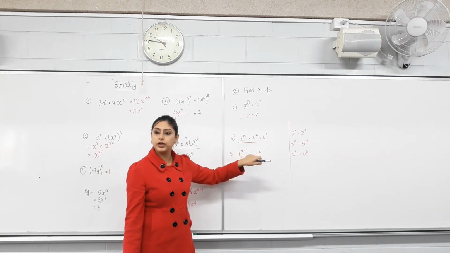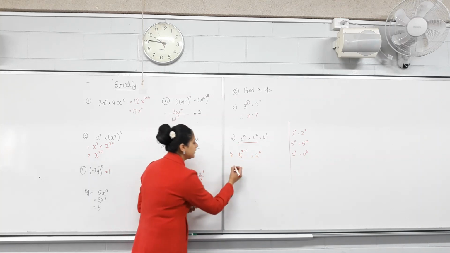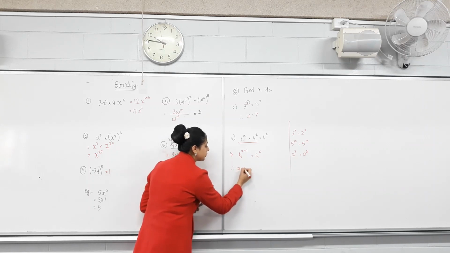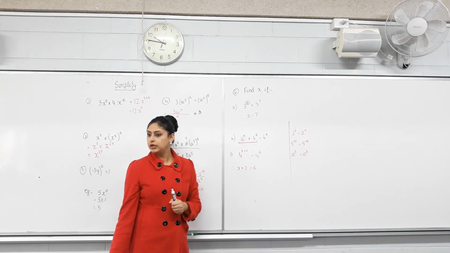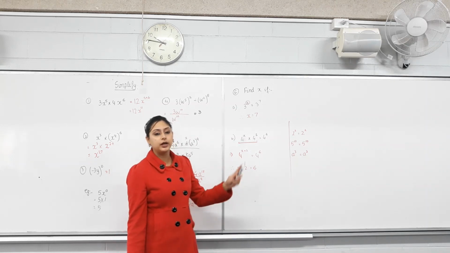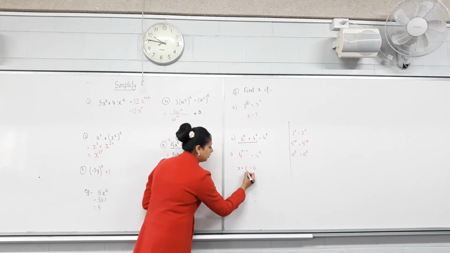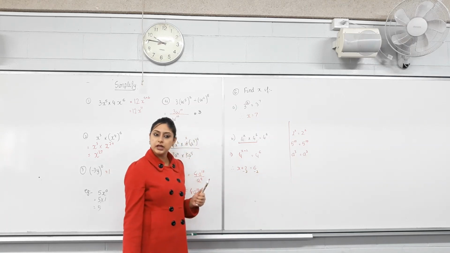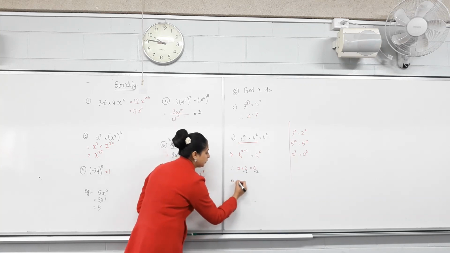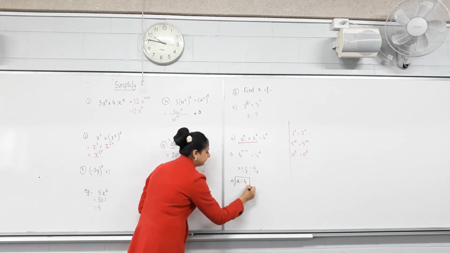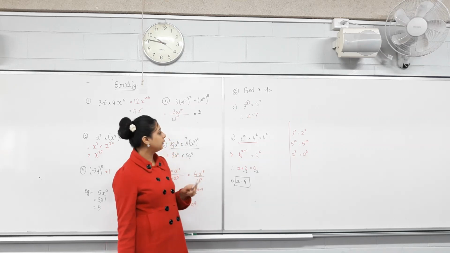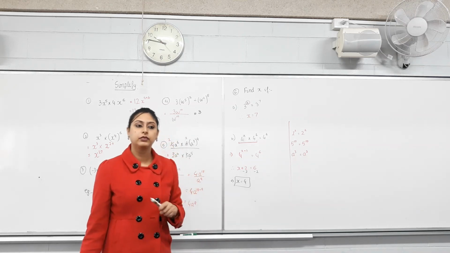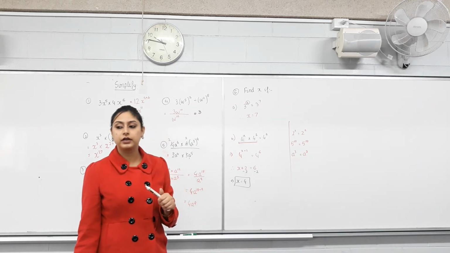Will the powers be equal as well then? Yes. So can I say therefore x plus 2 must equal 6? Can we then solve it to find x? So 2 has been added to x. How do I get rid of the 2? Minus 2 from both sides? And what do we get? X is equal to 4. That's it. So that's 2b. And you've got the rest of the lesson to work. Questions? Perfect. Get on with your work.